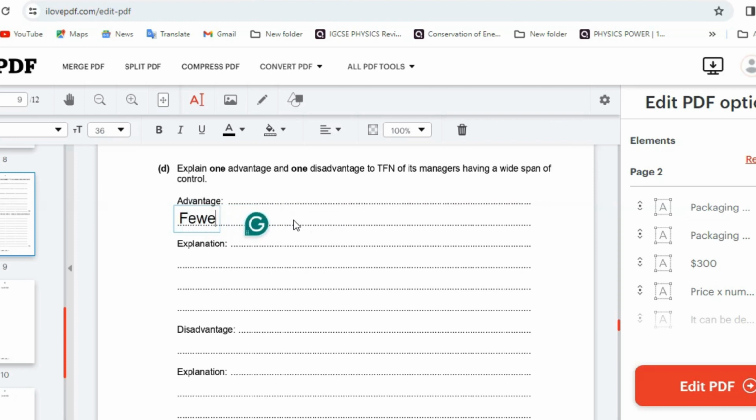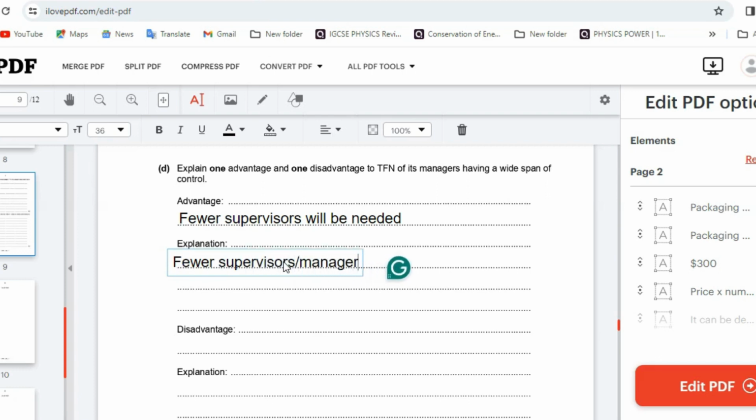Let's try and type fewer supervisors will be needed.